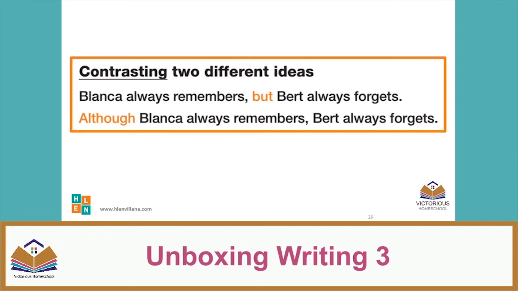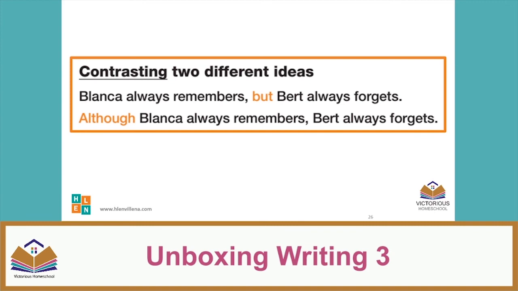Let's look at another example. Contrasting two different ideas. Blanca always remembers, but Bert always forgets. And in the next sentence you say, although Blanca always remembers, Bert always forgets. So what is the difference between the two? In the first sentence, the idea that Blanca always remembers and the idea that Bert always forgets have the same equal importance from the perspective of the writer.